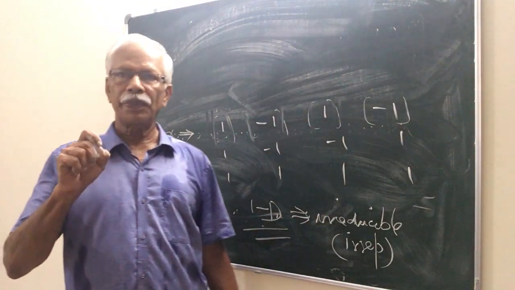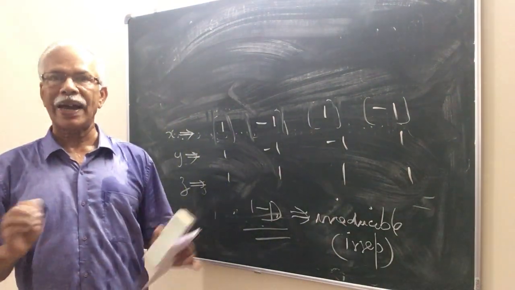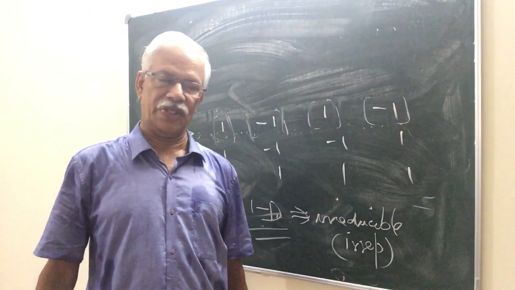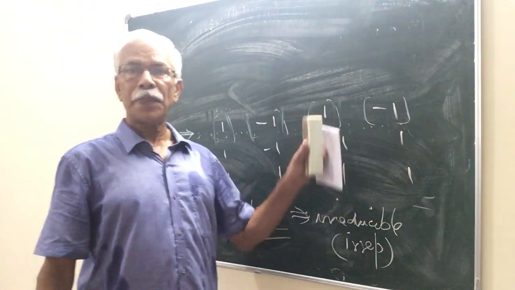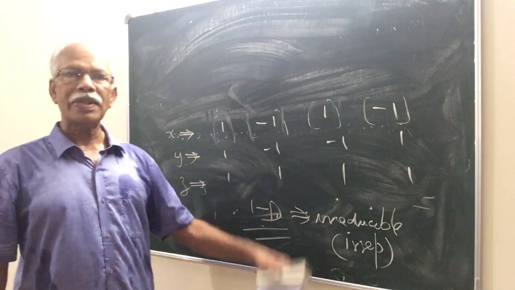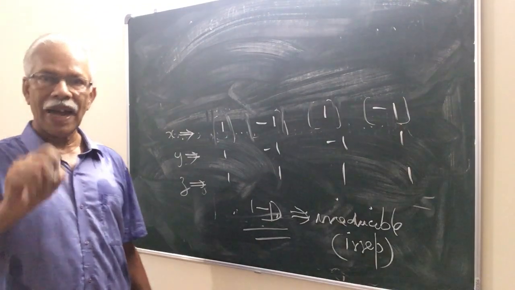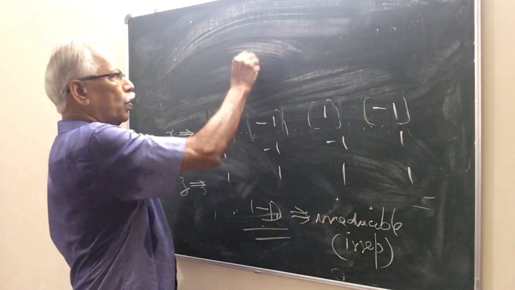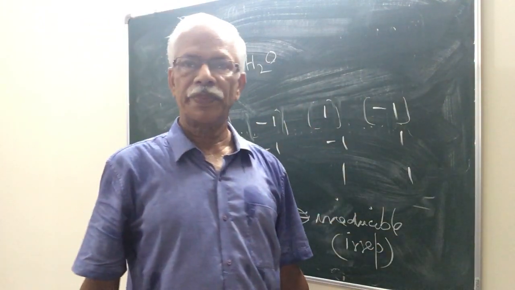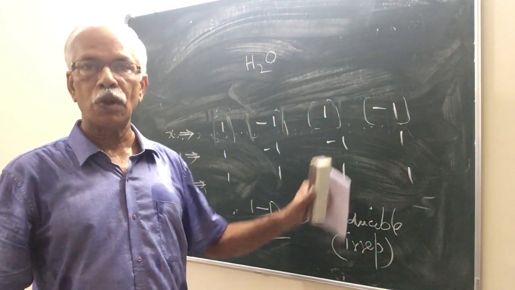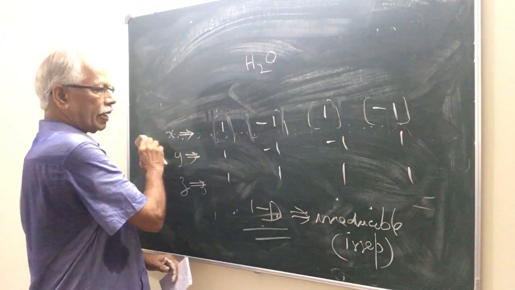You can put unit vectors centered about every atom parallel to the x, y and z directions, and write a representation on the basis of this collection of unit vectors. Every atom has 3 vectors. For a molecule like H2O with 3 atoms, there can be 9 vector components, so it will be a 9 by 9 matrix.